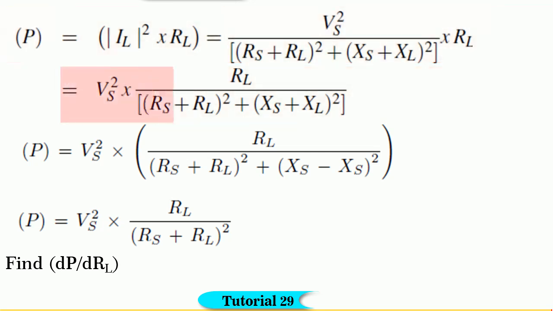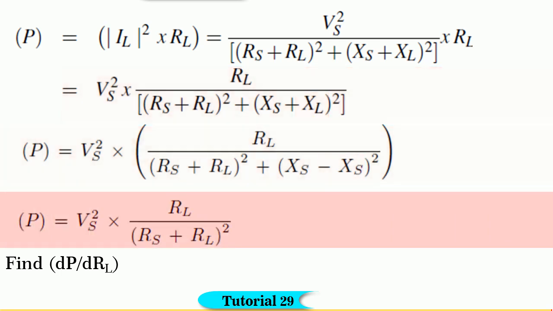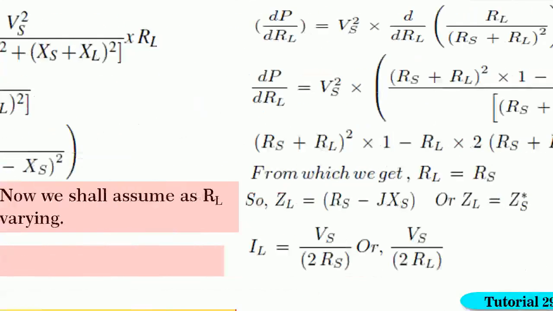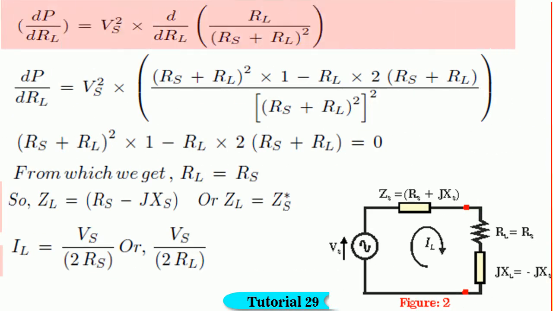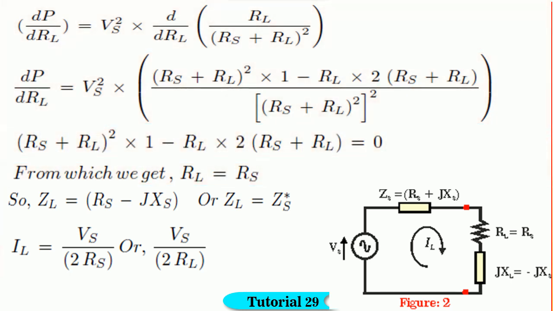In this equation of power, if we put XL equal to minus XS, we get P equal to Vs squared into RL divided by (Rs plus RL) whole square. Now, we shall assume RL as varying and find dP by dRL, and after equating it to 0, we get RL equal to Rs.